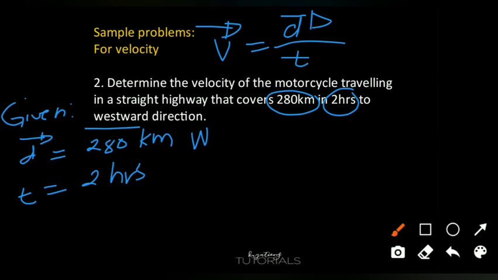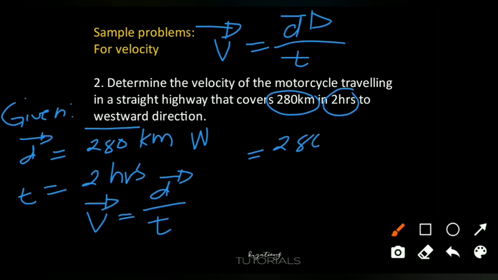Diba? So we have to follow. Sundo nato ning atong formula. So we have v with an arrow is equal to d with an arrow over time. So substitute d by 280 kilometers west. Ay dyan nakalimti si west divided by time, which is 2 hours.